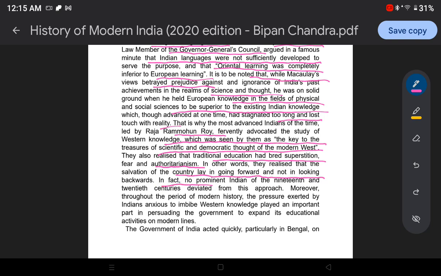In fact, no prominent Indians of the 19th and 20th century deviated from this approach. Moreover, throughout the period of modern history, the pressure exerted by Indians anxious to imbibe Western knowledge played an important part in persuading the government to expand its educational activities along modern lines.